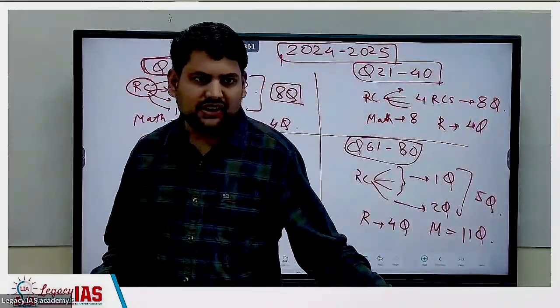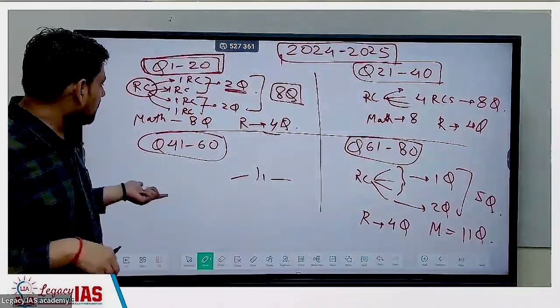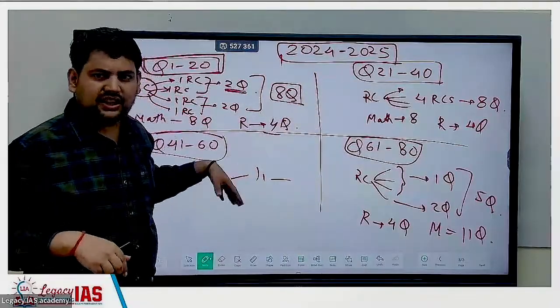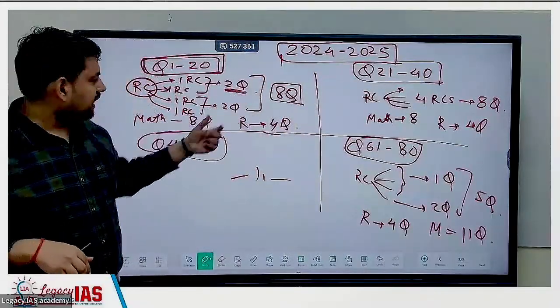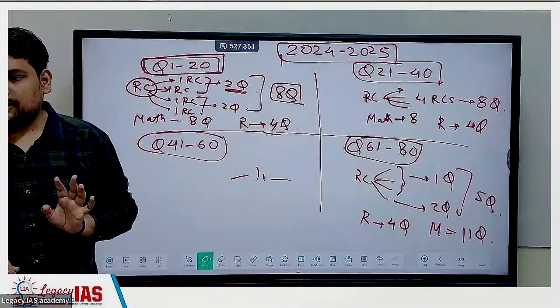This is what the pattern was usually like from the past 2 years. If you observe, these sections are very similar: 8 questions of RC, then 4 questions of reasoning, 8 questions of mathematics.